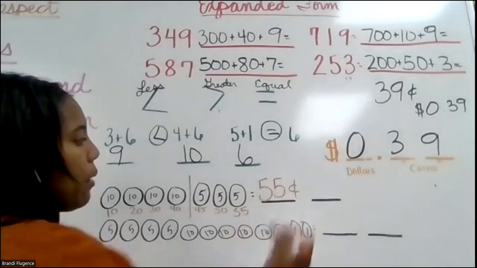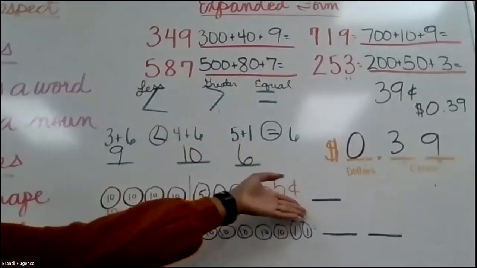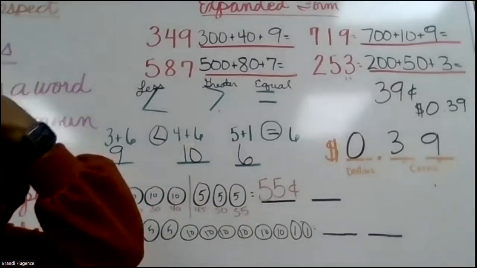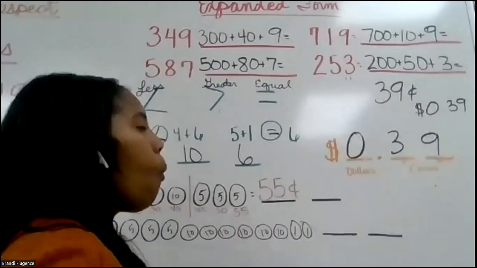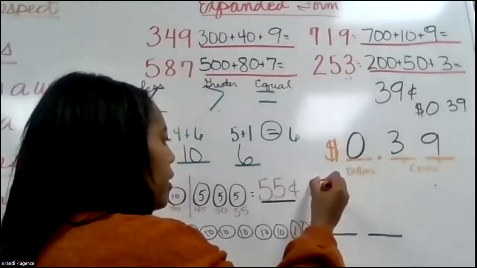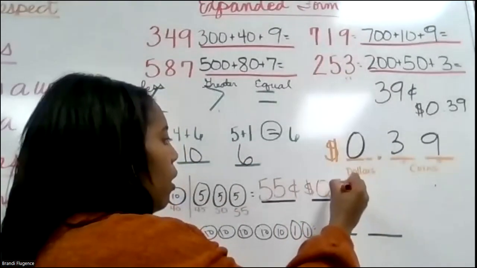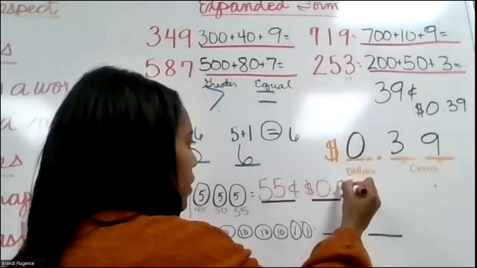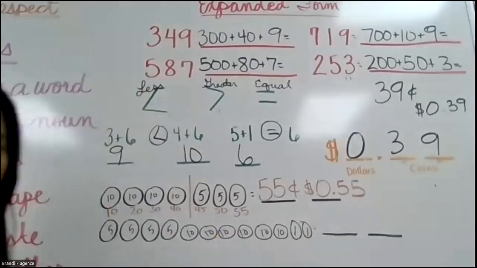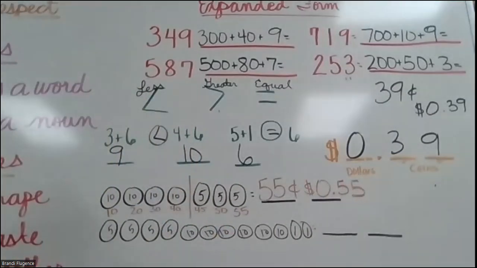That's the regular way we write 55 cents. What's the other way I can write 55 cents? What goes first? Dollar symbol, 0, dot 55 cents. That's the second way we can write 55 cents.